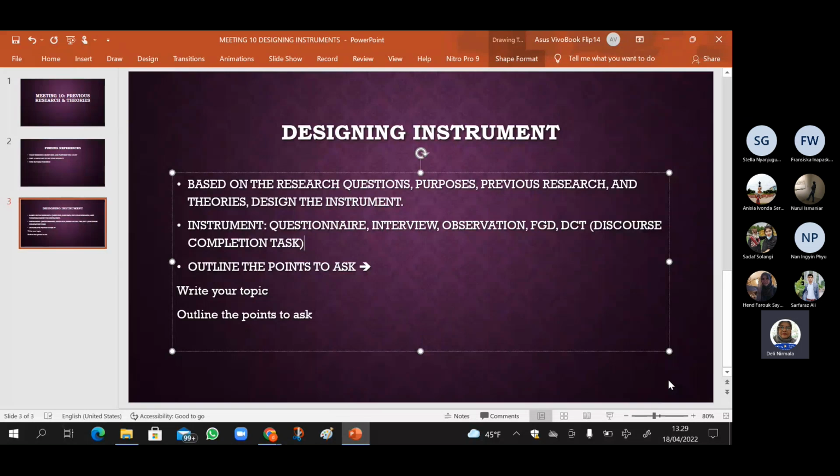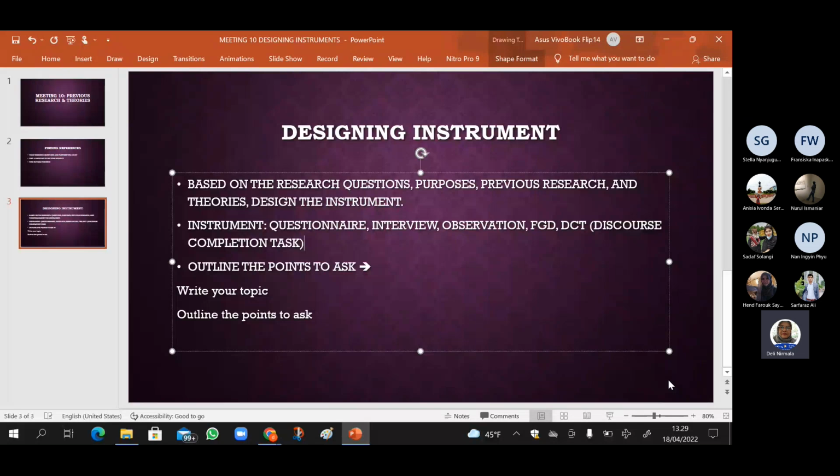This is discourse completion. So you can choose one of them, or you can mix. It's up to you. Now the point is that whatever you choose, you must outline the points to us.